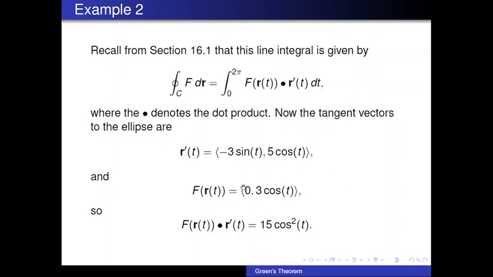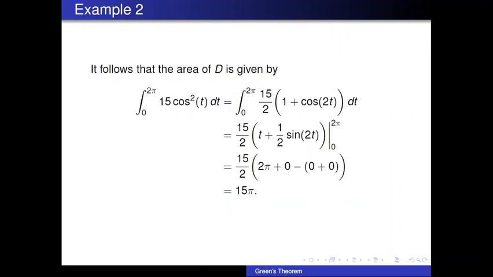Okay, so then if we take this dot product here, what do we get? We get 0 times minus 3 sine of t, well, that's 0, plus 3 times 5 times cosine squared of t. So that is 15 cosine squared of t. So let's integrate now that function as t goes from 0 to 2 pi. We'll invoke the half angle identity here, and we'll have the integral of 15 over 2 times the quantity 1 plus cosine of 2t.